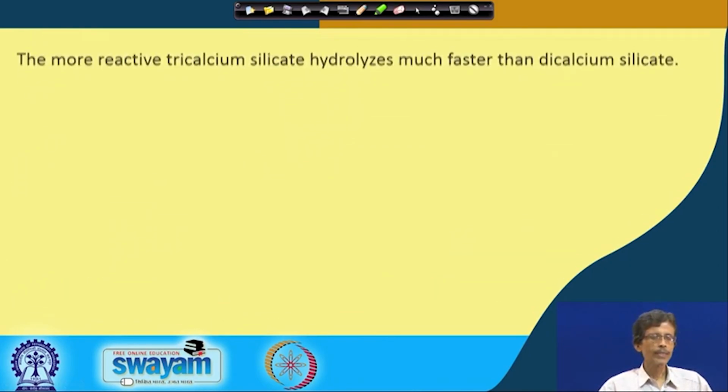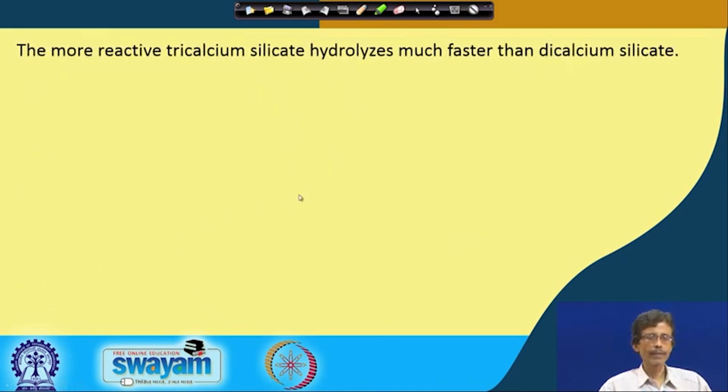So, next we will find that tricalcium silicate is more reactive and hydrolyzes much faster than dicalcium silicate. So, the rates of the reaction of these two materials are obviously different. The tricalcium one shows a much faster hydrolysis reaction compared to the dicalcium one.